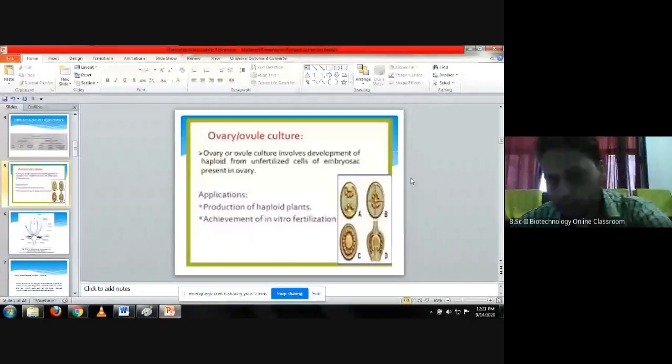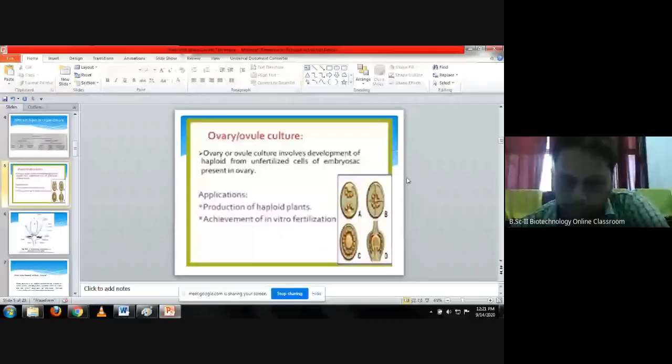तुम्हाला ओव्हिल आणि ओव्हरी दोघांमध्ये एकच डिफरन्स आहे. The ovary is where ovules are present inside, and the ovule is an isolated unit from the ovary. For example, if we look at the fruit of custard apple, there are around 50 to 100 seeds present.